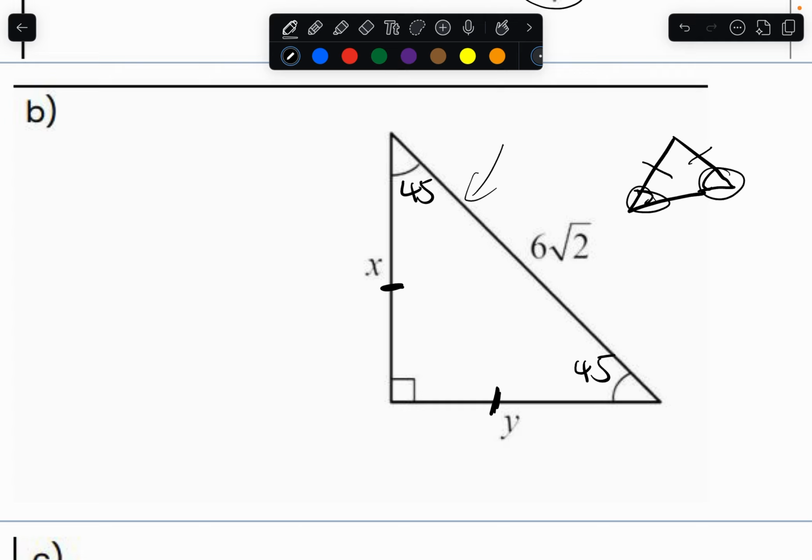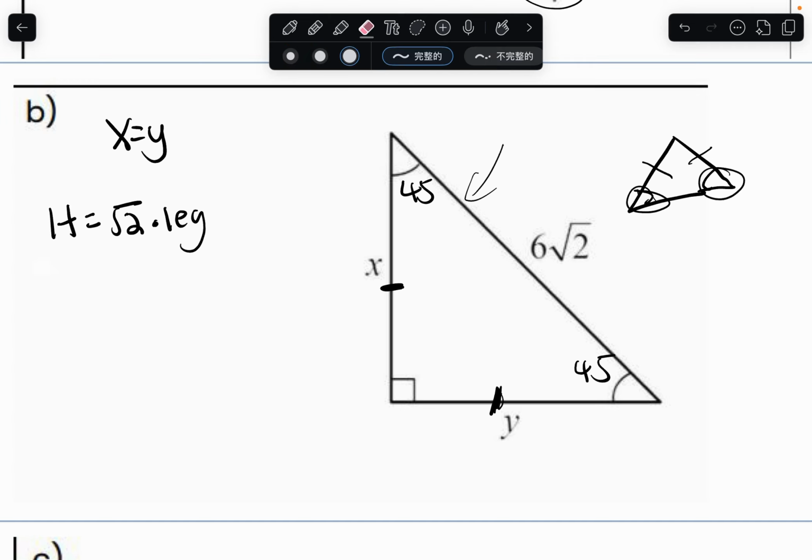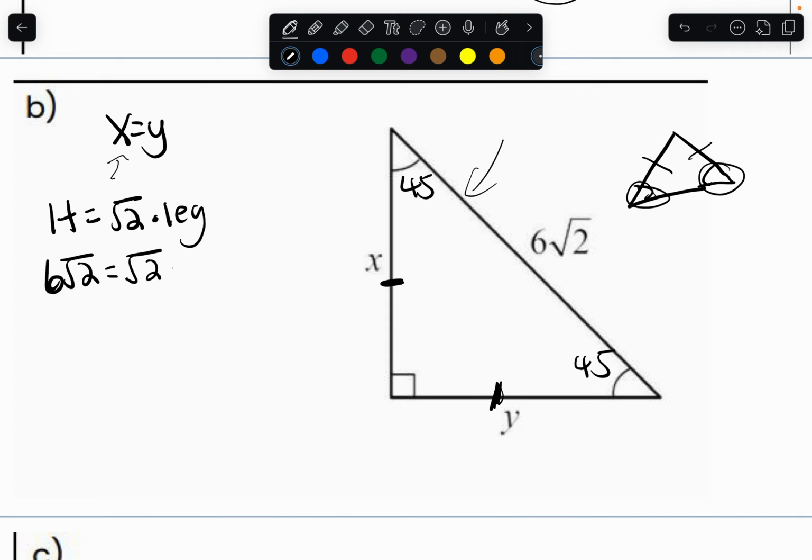Now, I know my x equals y because they are the same length, which I proved. In order for me to find the length of my leg, I'm going to use my formula, which is hypotenuse equals the square root of 2 times my leg. I know my hypotenuse is 6 square root of 2, so 6 square root of 2 equals square root of 2 times my leg, which I'll just call x for now because this is one of my legs.